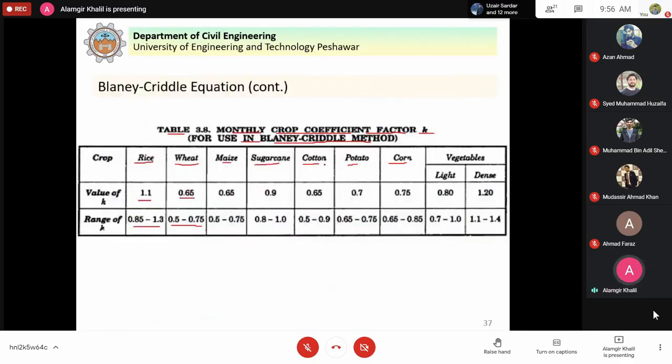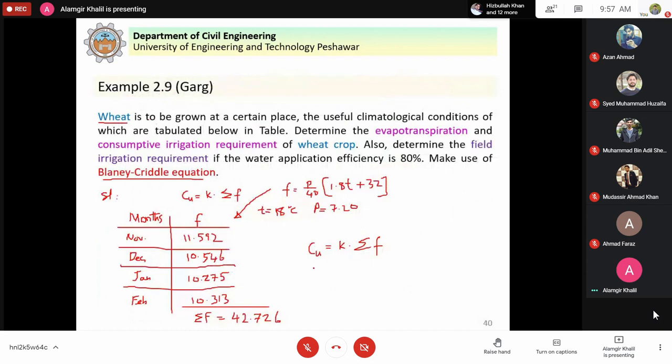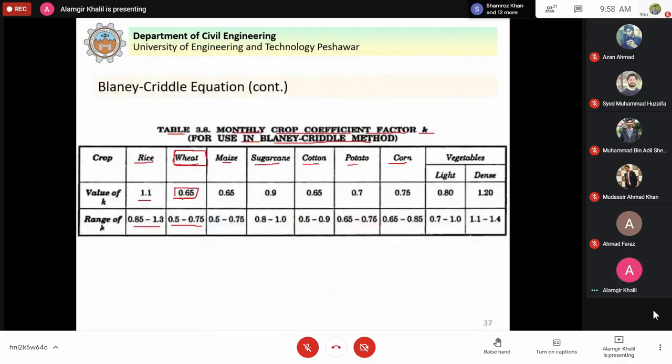So we go back and you can see from the table that for wheat, we can consider the value of small k as 0.65. So we just take this value here, 0.65.